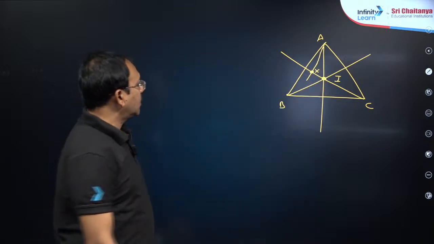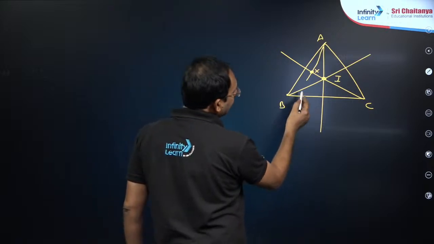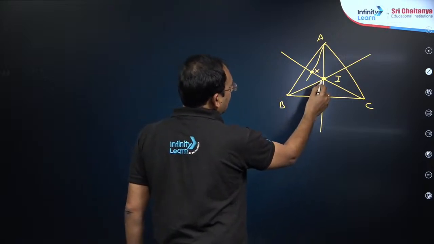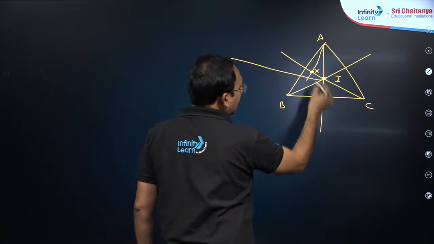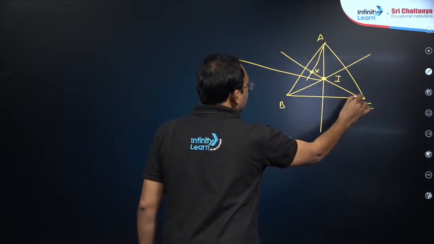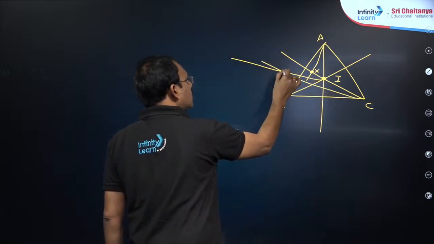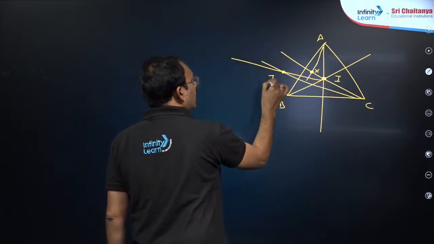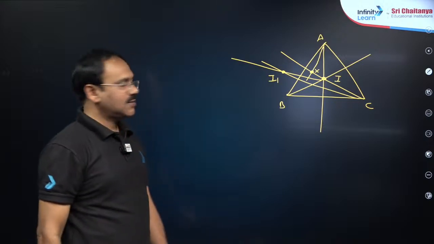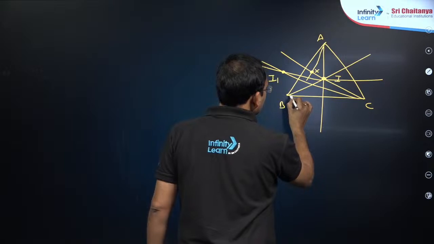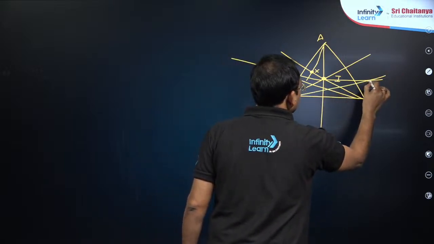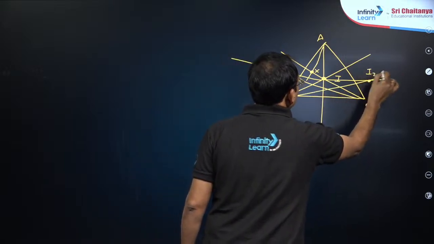The next, my dear friends, you just take the angular bisector of XIB, this angular bisector, and angle ICB angular bisector you can take. Suppose they intersect at the point I1, my dear students. In the same way, if you produce this and you take this internal angular bisector, suppose they intersect at I2.